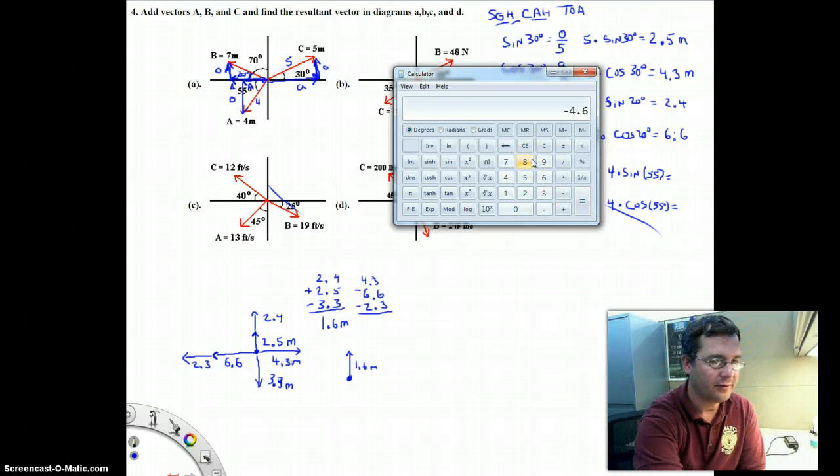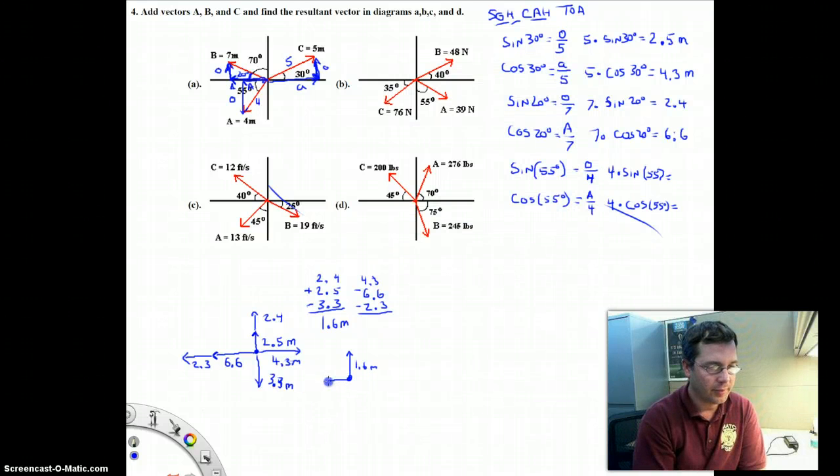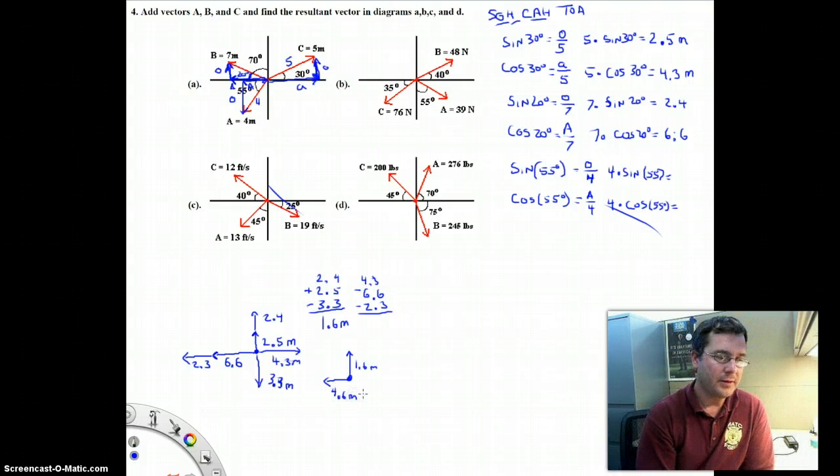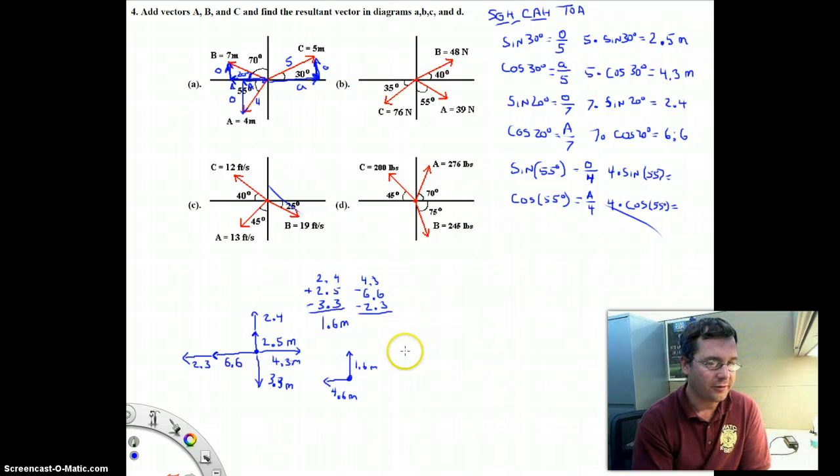And we find that we get a magnitude of negative 4.6, which in this coordinate system means an arrow pointing to the left, 4.6 meters.